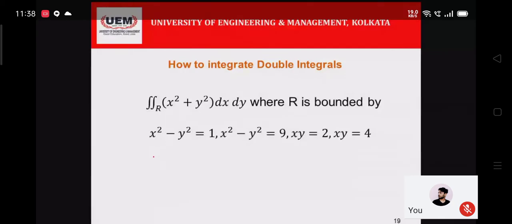First look at the region given here. You are integrating this function. This is your integration given, and region R is mentioned in this way. First you tell me what does this equation represent? Is it an equation of a hyperbola, parabola, ellipse or circle?